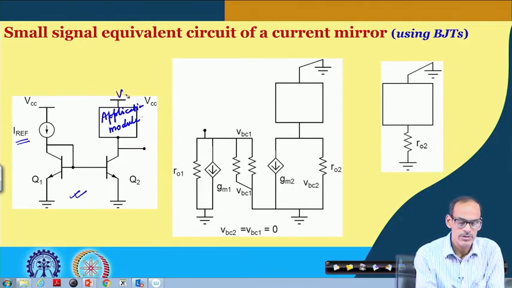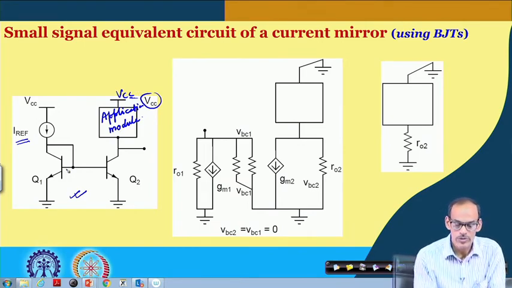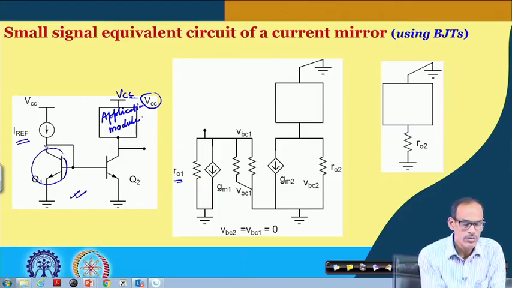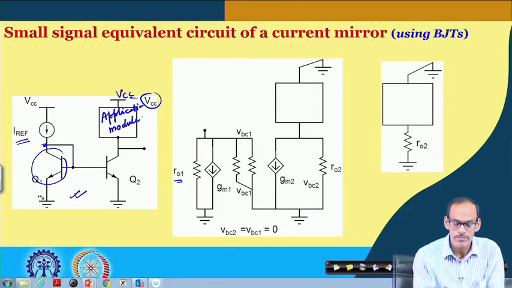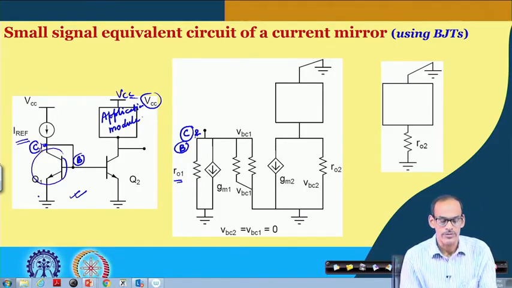So, this is the VCC, and to draw the small signal equivalent circuit, for transistor 1 we have RO1 from its collector to emitter. The base node and collector node are connected together.